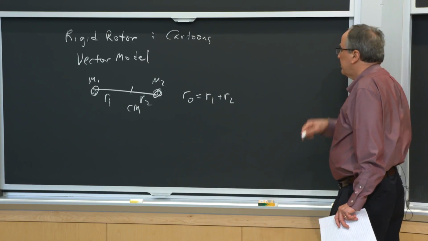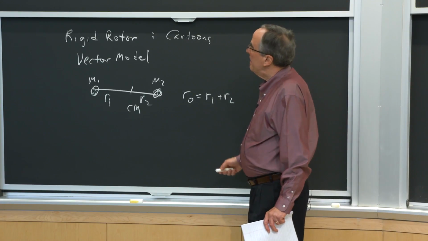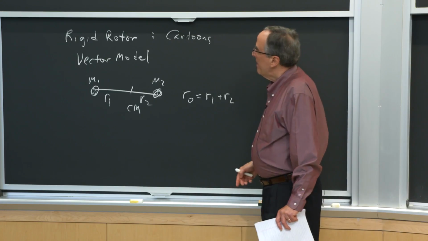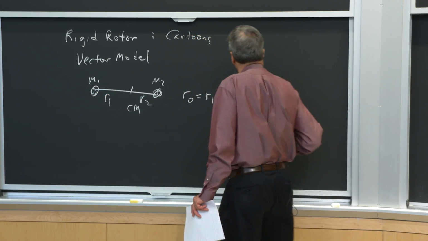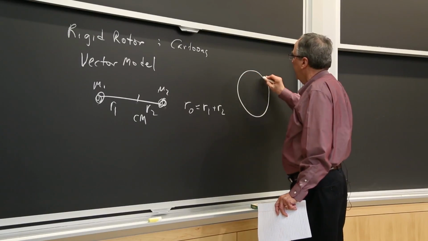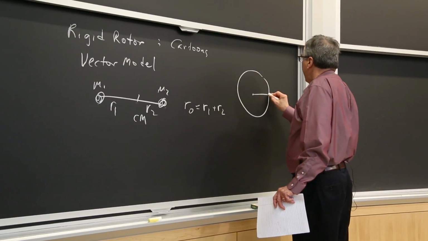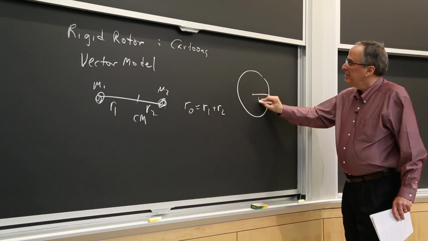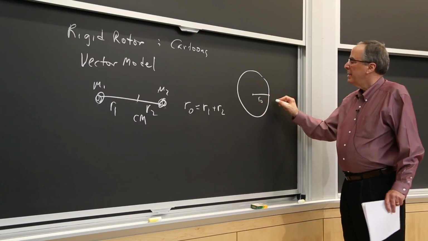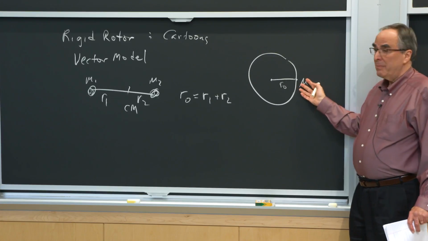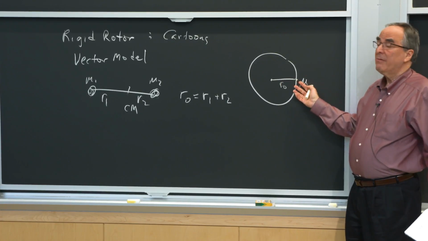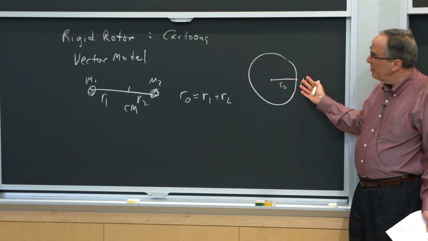Now, what we want to do is think about this problem as if it were, and here's R0, and this is the reduced mass. This is a motion of a fictitious particle of mass mu.